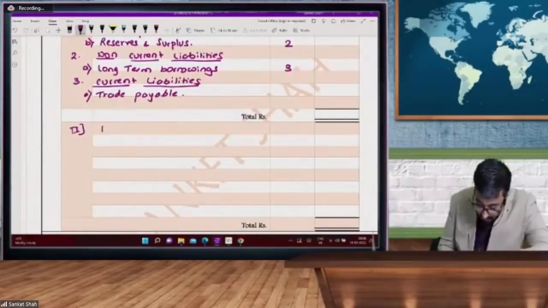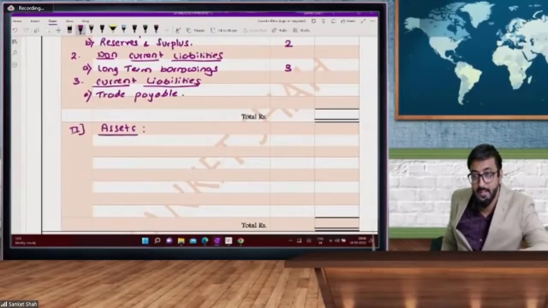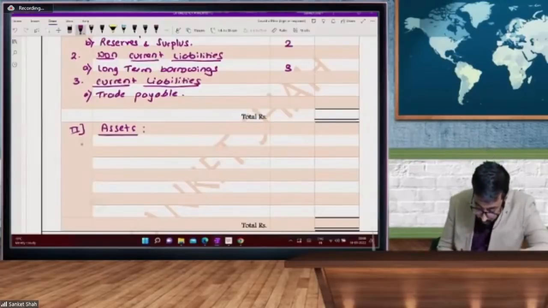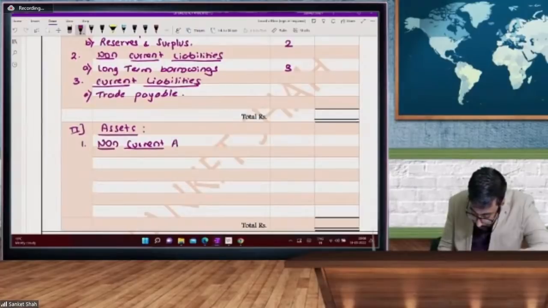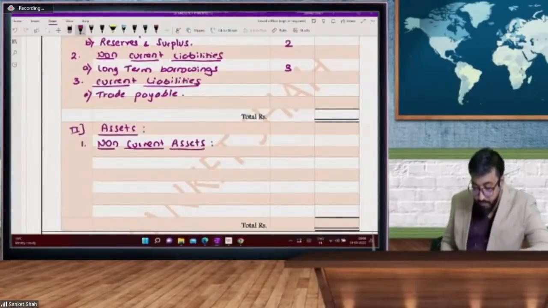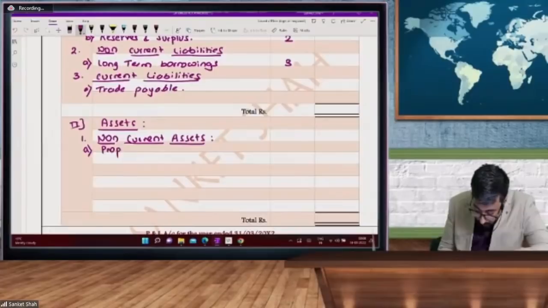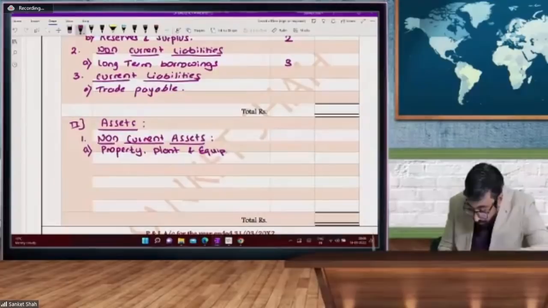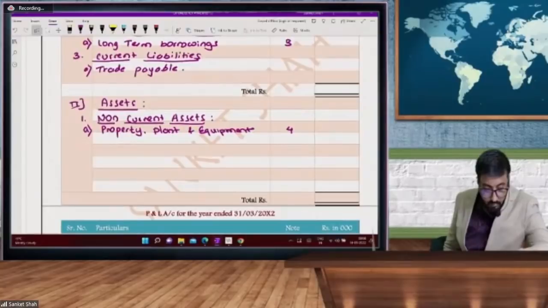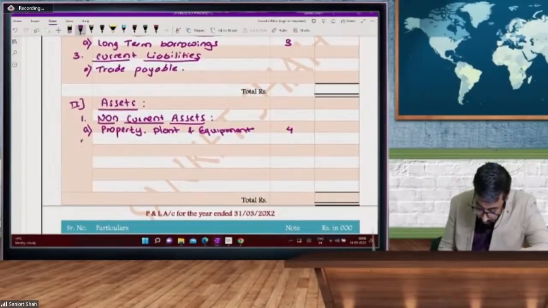Number 2, assets. Non-current assets. Under that you have property, plant and equipment. Number 4, number 2, current assets.